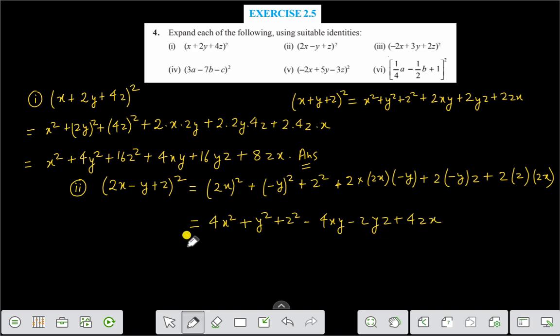Therefore the answer is 4x square plus y square plus z square minus 4xy minus 2yz plus 4zx. That is the answer of question number 2. We solve question number 3.